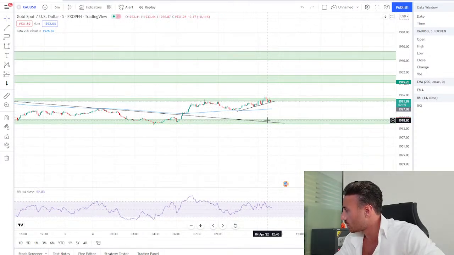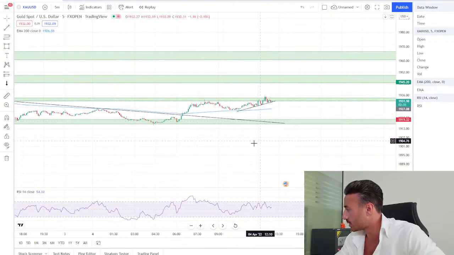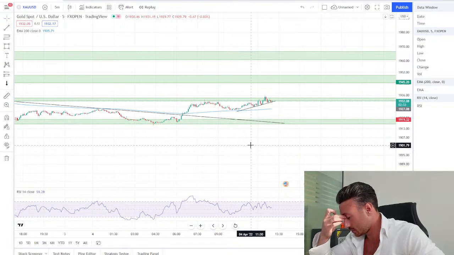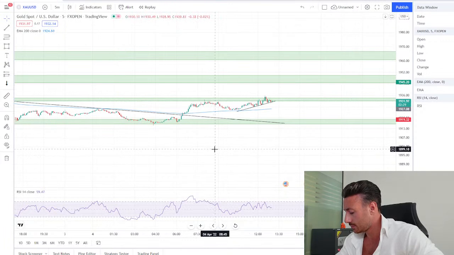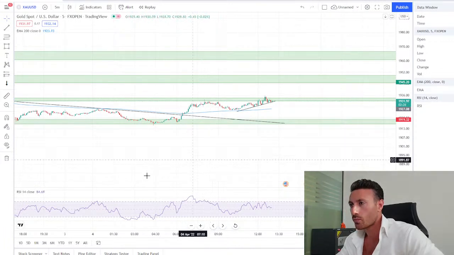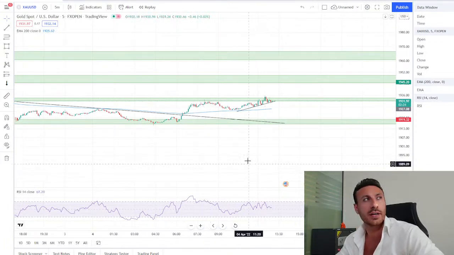We're expecting gold to go for a retest of 1927 and 1921. No significant move so far.